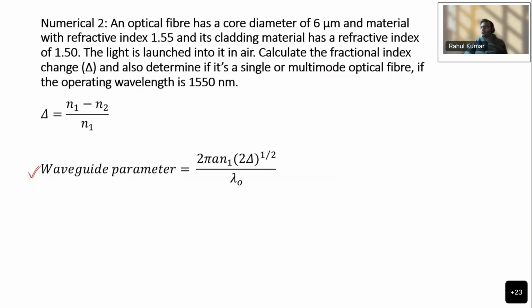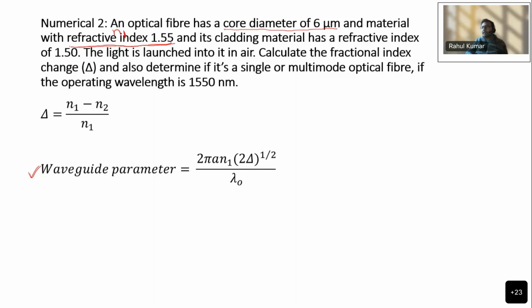Okay, so core diameter of 6 micrometer and material with a refractive index of 1.55, and its cladding material has a refractive index. So this I can call it as NC or N1.